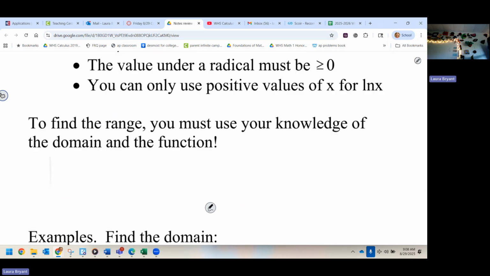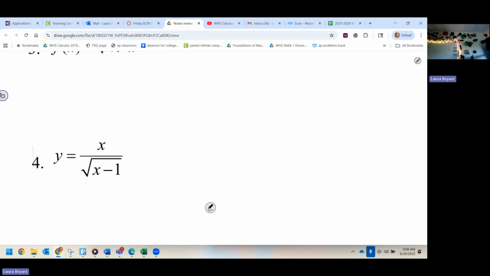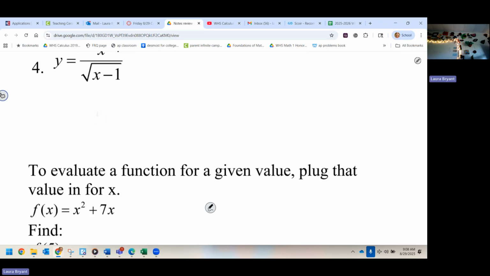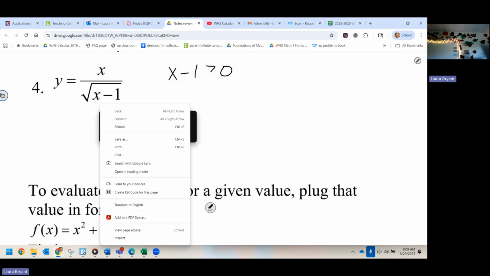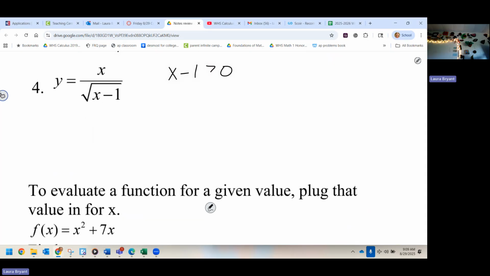So on this last domain problem, it's a square root and a fraction. When I take my square root interior, I normally would do this, right? But because there are 2 rules to follow, a fraction and a square root, I'm going to delete this. I'm not going to use the equal to because I also don't want to divide by 0.